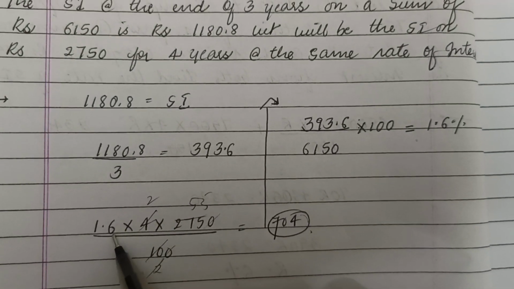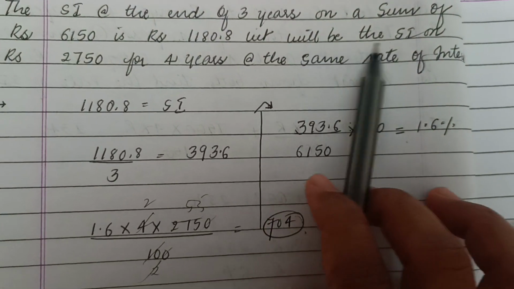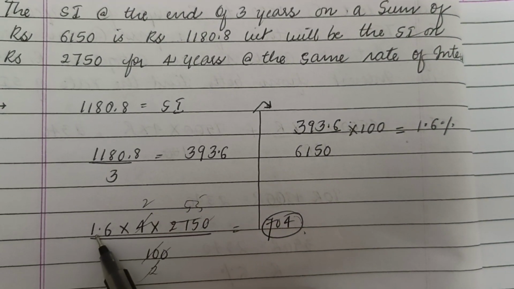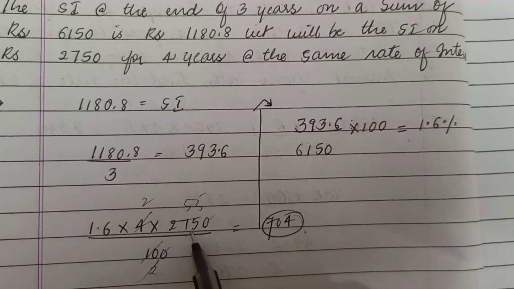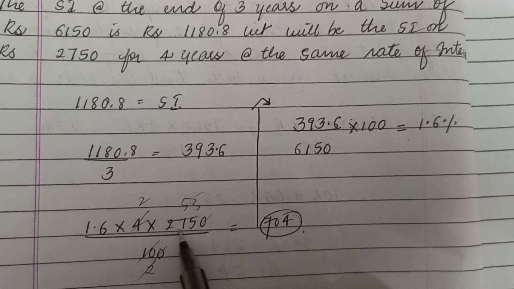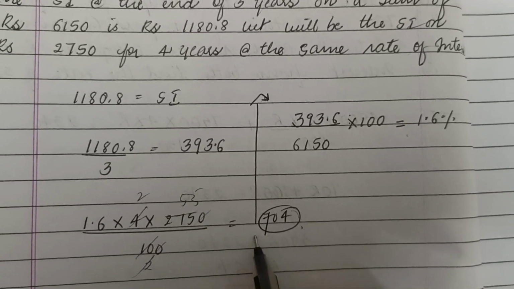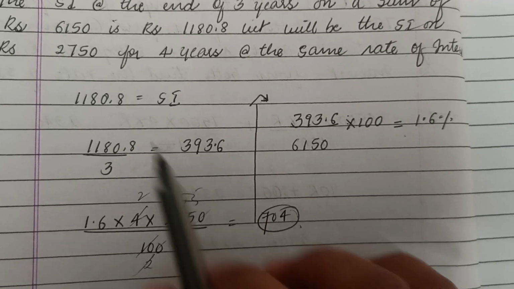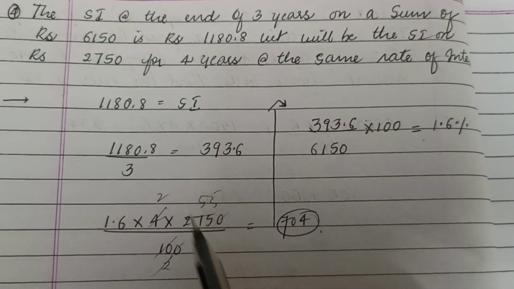Then I have used it for the calculation of the simple interest for rupees 2750, that is rate of interest R into 4 years into 2750, the principal, divided by 100. After solving this I will get 704. So this is the simple interest received for the sum of 2750 after 4 years.